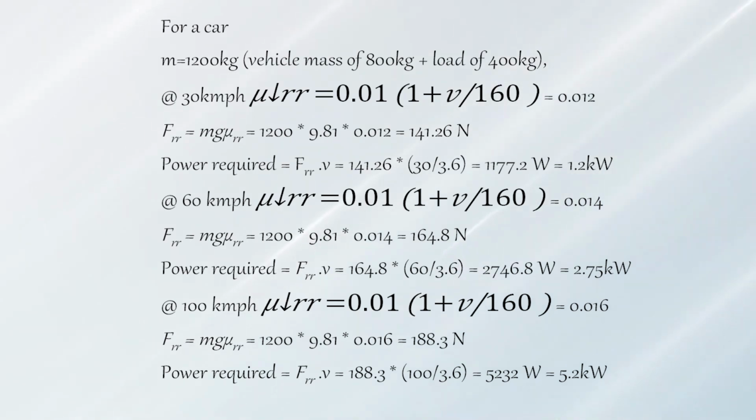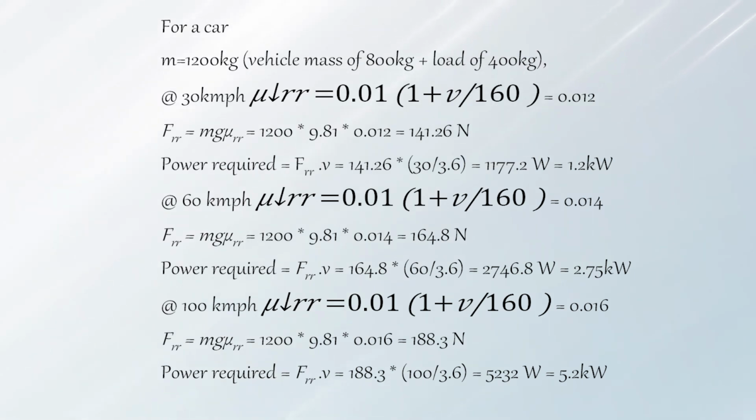If the speed is 100 kilometers per hour, you just calculate and check what the value will be. The value results to be somewhere around 5 kilowatt, which is too high when you compare it with 30 kilometers per hour.